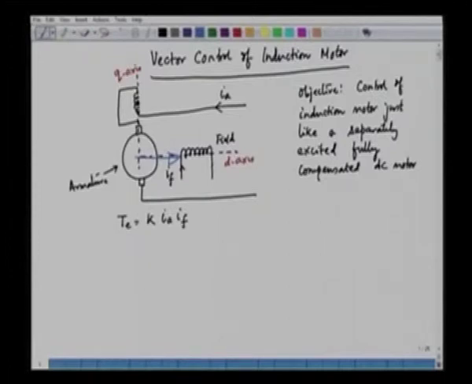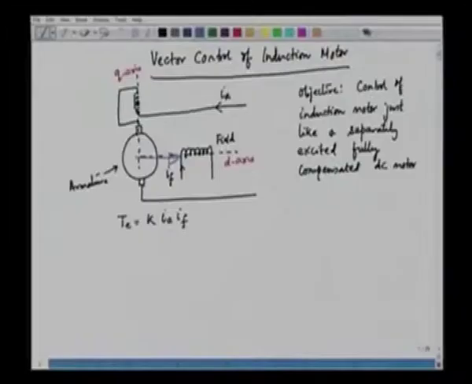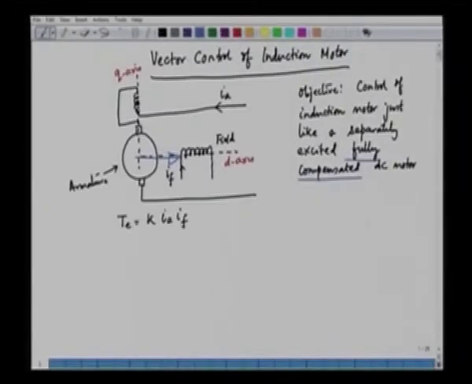What about the q axis flux? The q axis flux is 0, because in the q axis we have the armature winding, no doubt. We also have a compensating winding, and the compensating winding is compensating for the armature flux. It is cancelling the armature flux, and we are talking about a fully compensated DC motor, and due to this, the q axis flux in the rotor is 0. So, we can say that there is no q axis flux. So, in this case, the q axis flux does not exist.